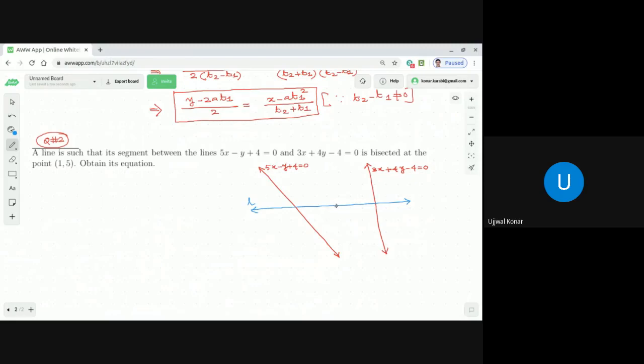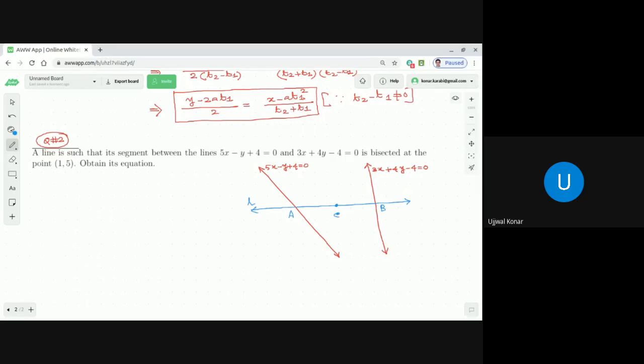That means if we consider A is the point of intersection of our required straight line with the equation 5x minus y plus 4 equal to 0, and B is the point of intersection of our required straight line with the equation 3x plus 4y minus 4 equal to 0, then C is the midpoint.